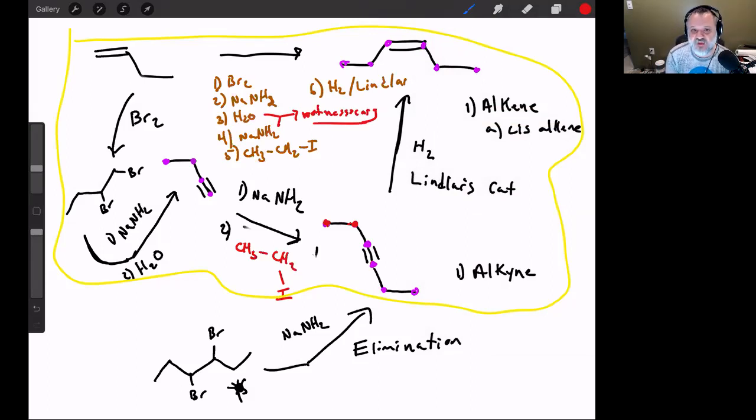It's not necessary, because at the end of step 2, you are left with an alkynide ion, and that alkynide ion can react directly with the reagent in step 5. But I would never count off for you using water and then deprotonating it again with step 3 and step 4.